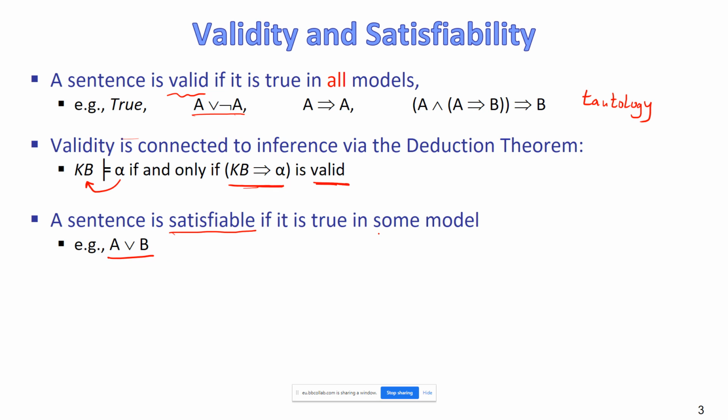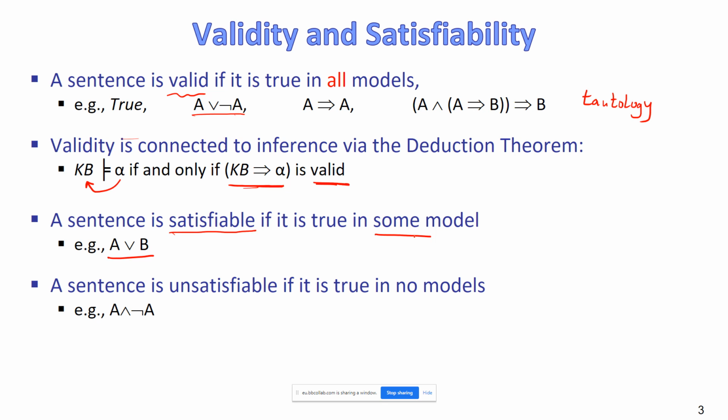In some model. Model here means assignment of values to the variables. If we have at least one model in which this sentence is true, that means that this sentence is satisfiable. If there is no model in which the sentence is true, then we call this sentence unsatisfiable.